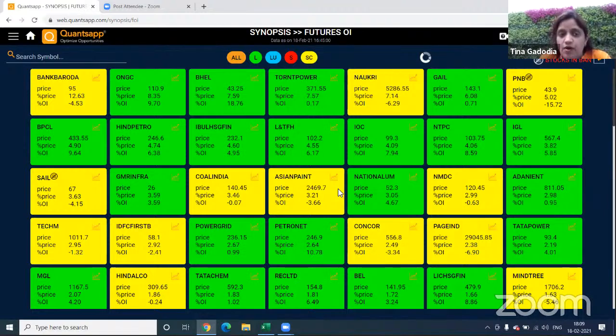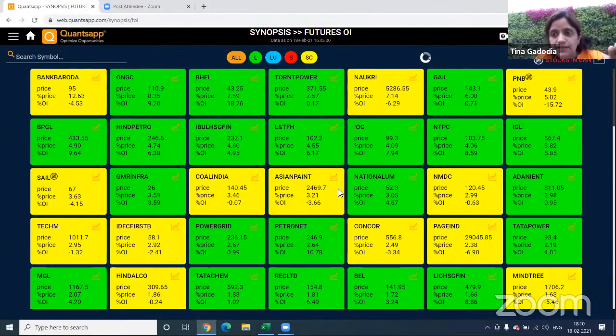Metals selectively have been performing. They were long, then corrected, and now are again finding some buying opportunities. PSU banks as a whole were performing. So every day when you look at the market, you know that this stock was good yesterday too, and today you see there is a carry forward momentum, then your conviction even increases.